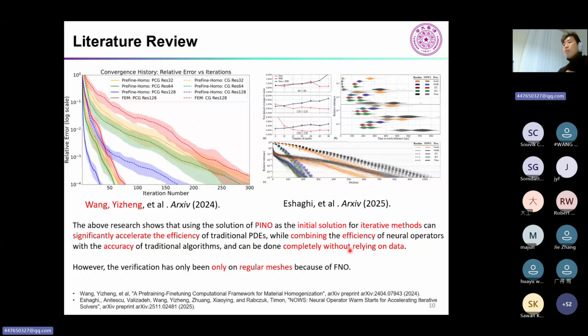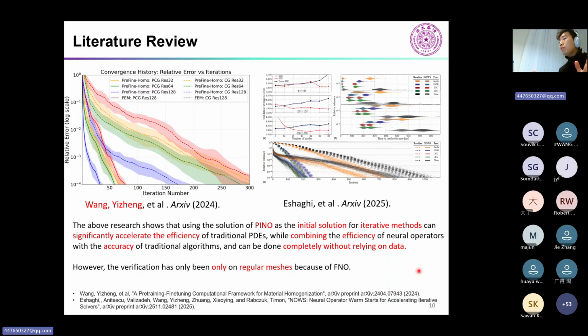Okay, and I want to show you another interesting thing. Recently we tried to use the PINO output as the initial solution for an iterative method, because the initial solution is better than a random one.